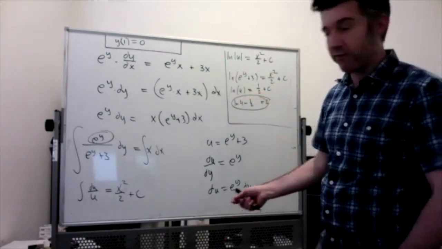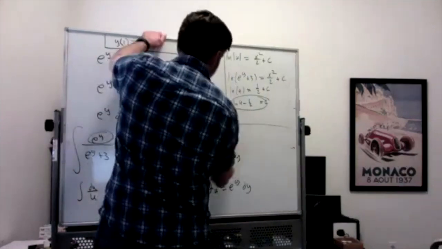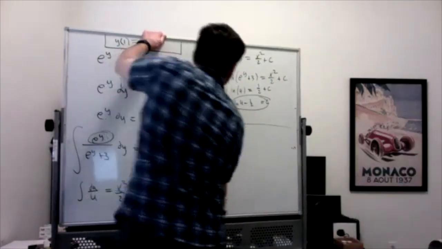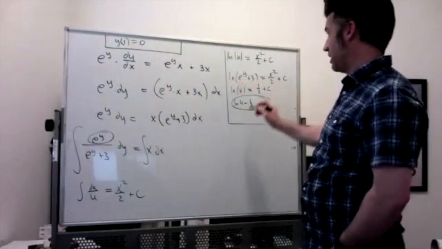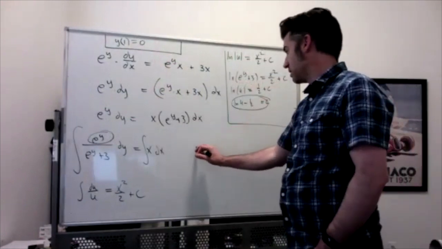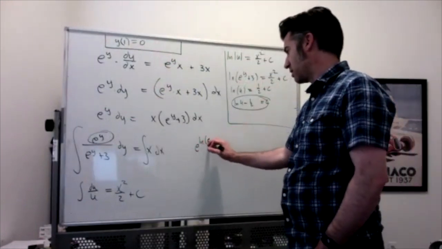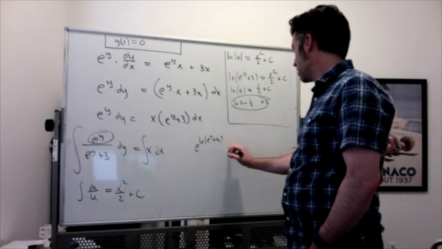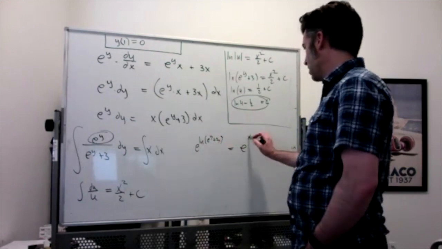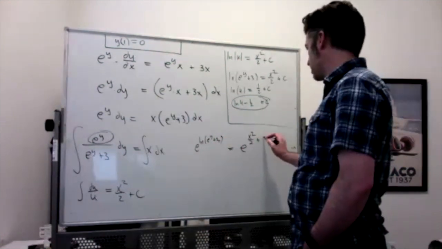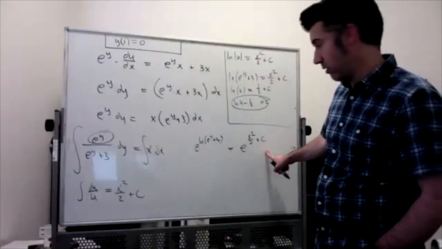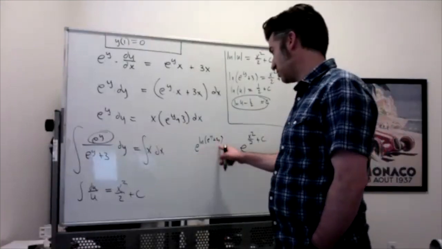And then solving for y, I'm going to e both sides. So I'm going to have e to the natural log of (e to the y plus 3) equals e to the x squared over 2 plus c. I'll fill in the c a little bit later. Then e to the natural log of stuff is just stuff.